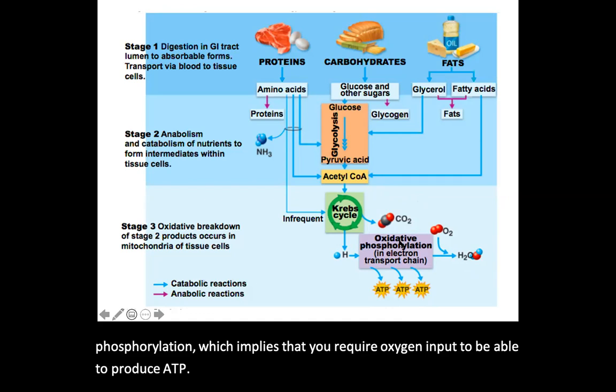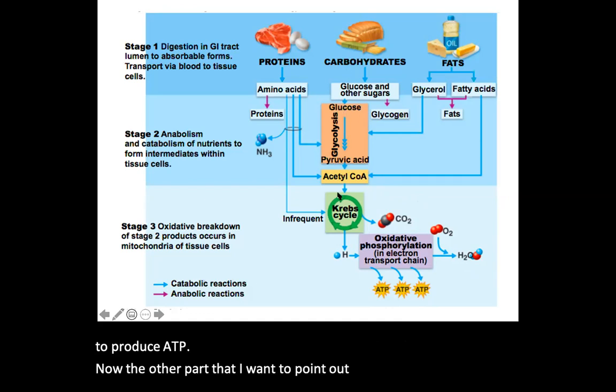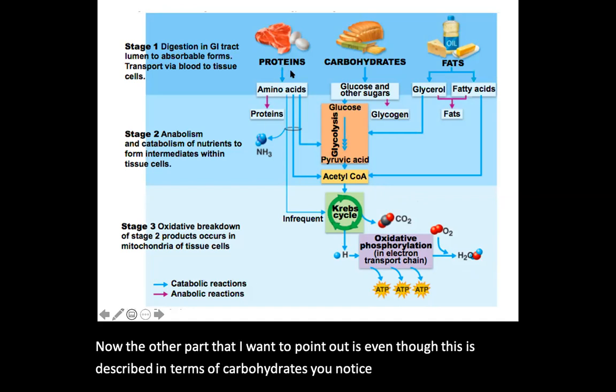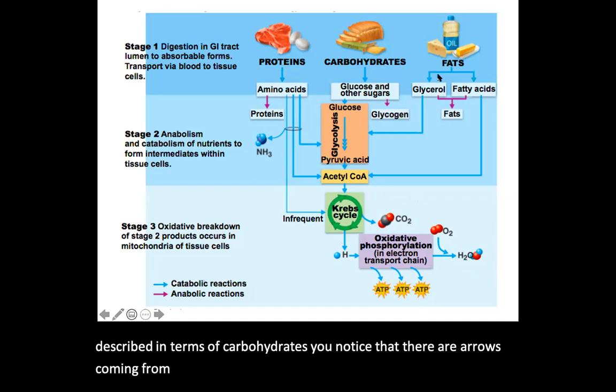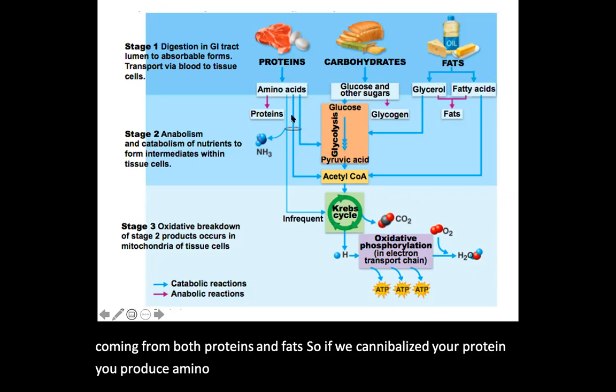Now, the other part that I want to point out is even though this is described in terms of carbohydrates, you notice that there are arrows coming from both proteins and fats. So if we catabolize your protein, you produce amino acids, and amino acids can enter these processes at different locations.